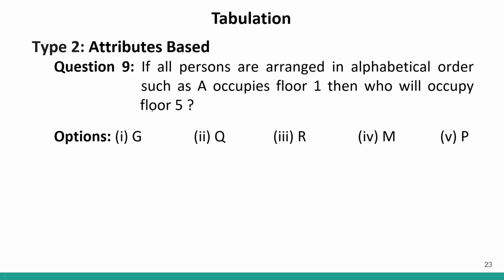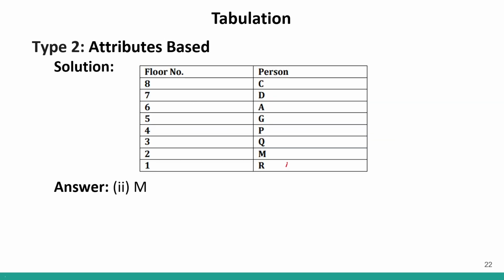Now, question number 9 says that if all persons are arranged in alphabetical order such that A occupies floor 1, then who will occupy floor 5? So let us put A in floor 1. Okay. If I put A in floor 1, I will have A, then I will have C, and then I will have D. Correct? Because we are arranging them in alphabetical order. Then we have G. Okay.